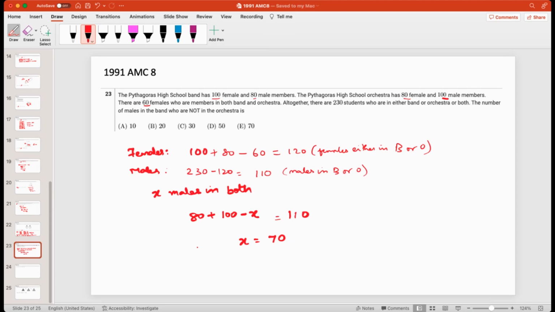Now, the number of males in band but not orchestra, that's what we want, right? Is equal to 80 minus 70, which is 10. That's your answer.